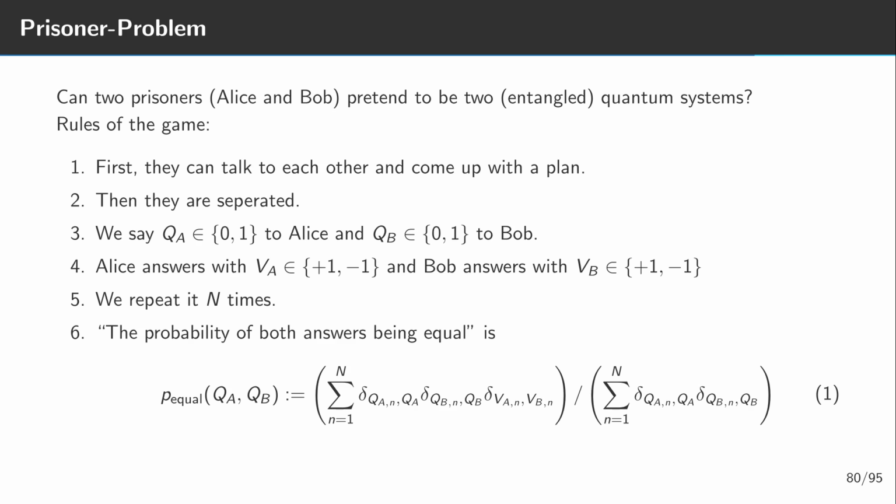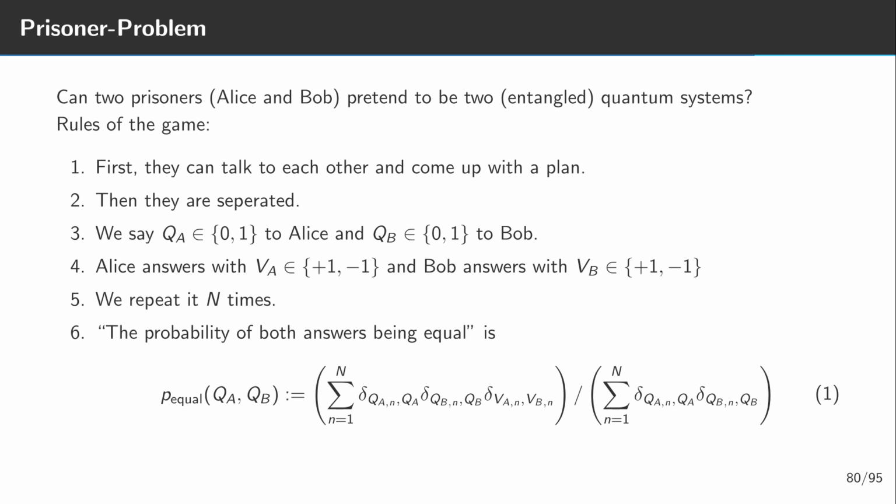Then, each one is asked 0 or 1, which they have to answer with plus or minus 1. We repeat this process many times and define this here as the probability of both answers being equal. QAn, QBn, VAn and VBn are the values in the nth iteration.